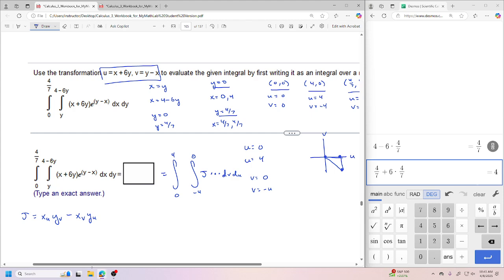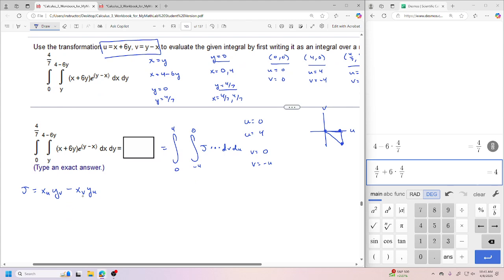I need x and y in terms of u and v. What I have right now is u and v in terms of x and y. Good luck. I can't do this as is. I have to do a lot of math with this now. So here we go. I want to get x and y by themselves. X and y are equal to u's and v's.